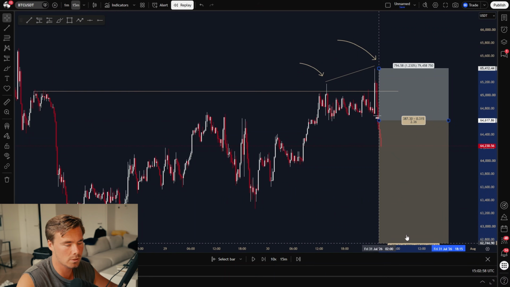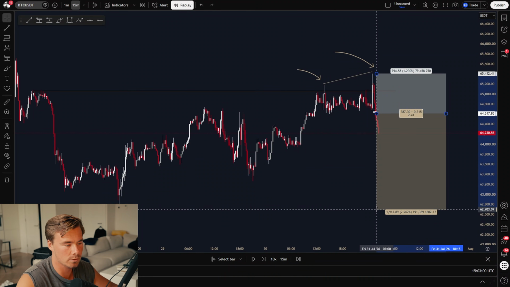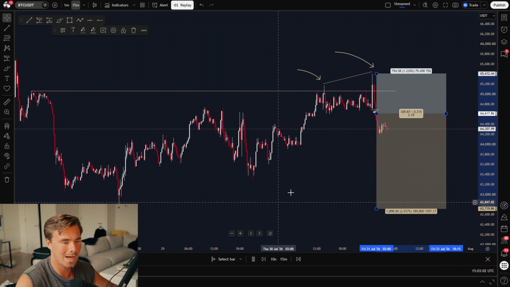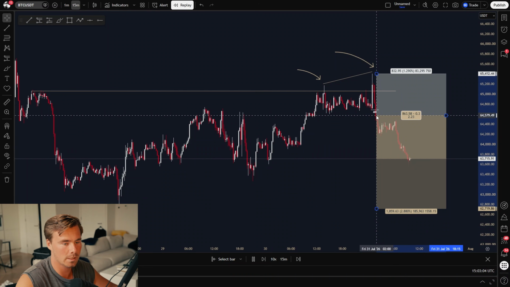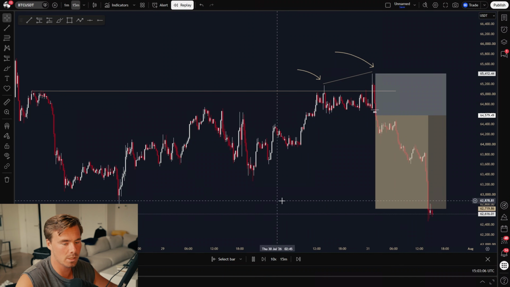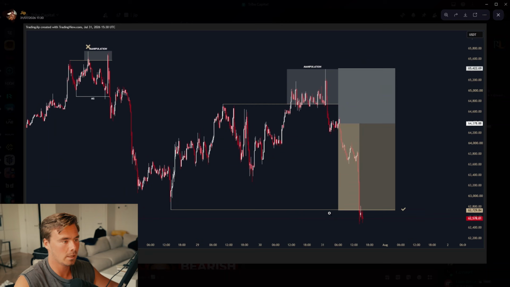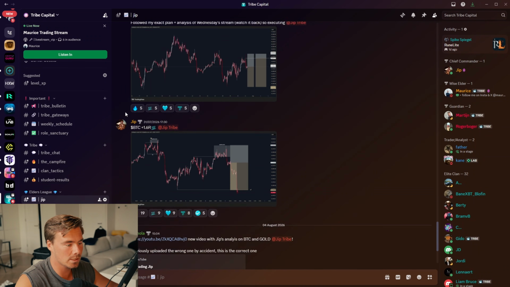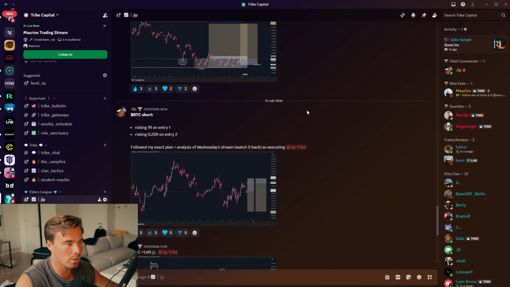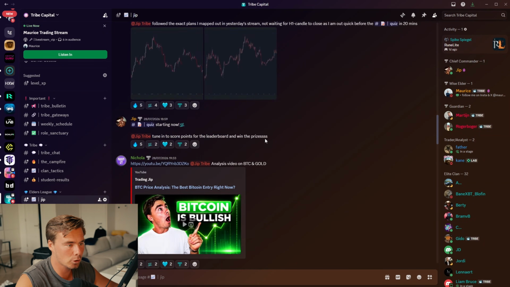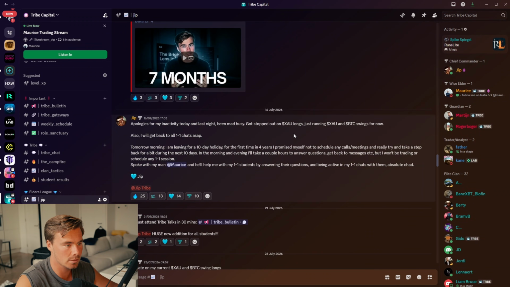And then we could target much lower levels. And this once again proves how powerful an SMT divergence can be, because eventually it hit our target. And right here, as you guys can see, I took this trade live last week. As always, I share my setups live with my students over here in the community of my one-on-one students.